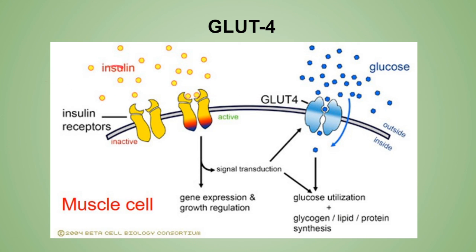So whatever amount of insulin is released from the pancreas, the muscle is now resistant to insulin because GLUT4 is not present. So there will be no uptake of glucose by the muscle cell, and in diabetes mellitus 2, DM2, GLUT4 is not present in the cell membrane, and that's why the blood glucose level increases.